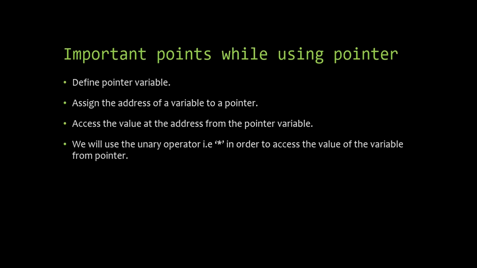The first one is we have to define the pointer variable and assign the address of a variable to a pointer, and then access the value at the address from the pointer variable. And for accessing the value, we will be using the unary operator, that is star, to get and access the value of the variable from the pointer variable.